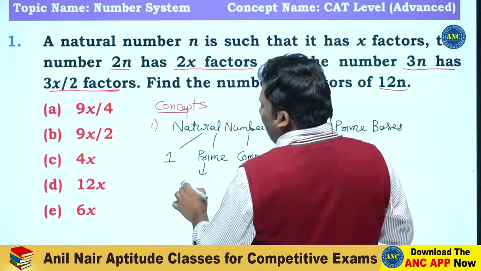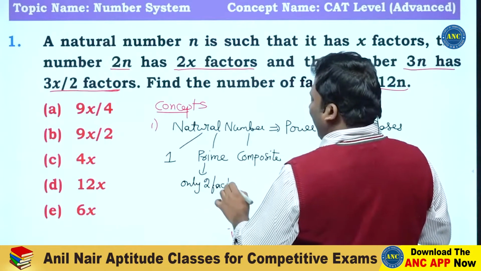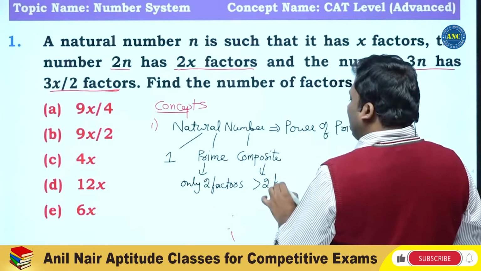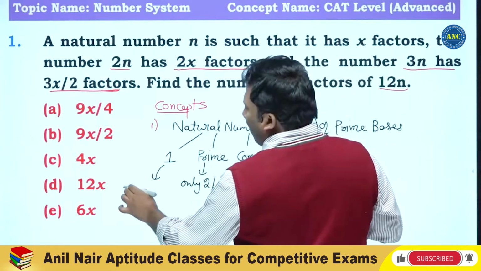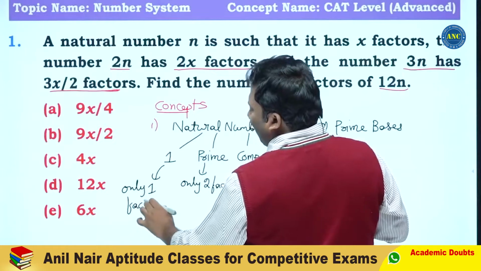What is a prime number? It has got only 2 factors. What is a composite number? A number which has got greater than 2 factors. A number which has got only 1 factor is 1.